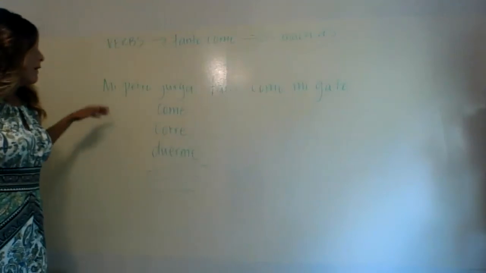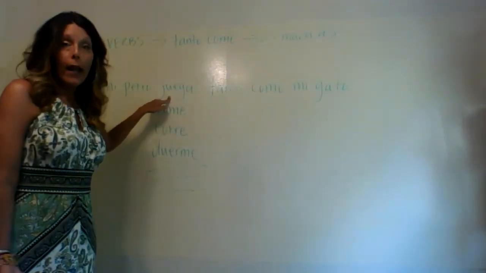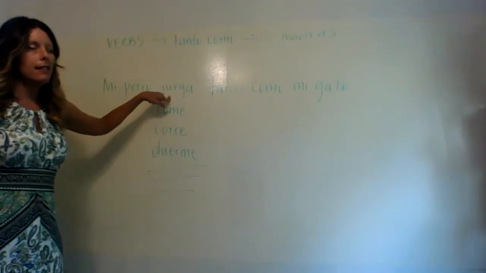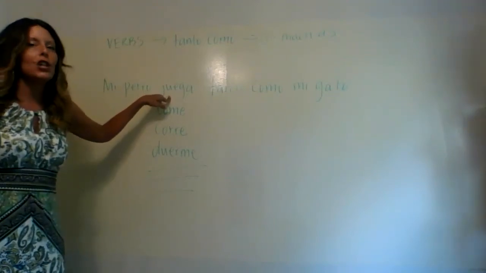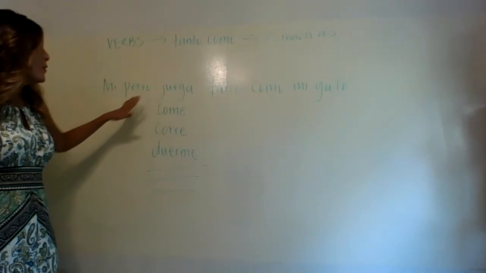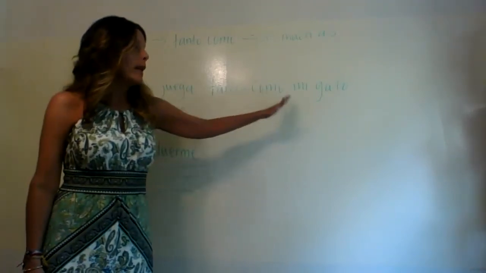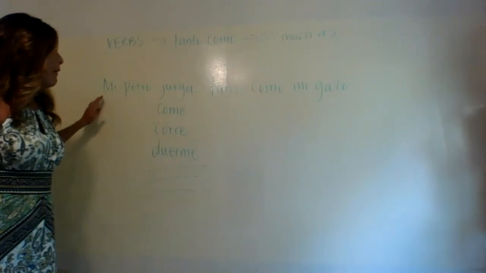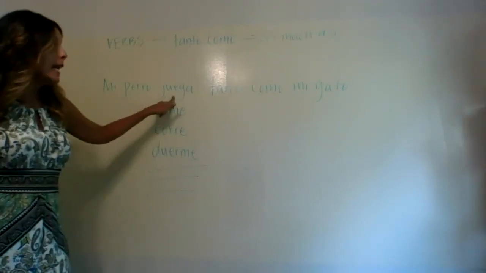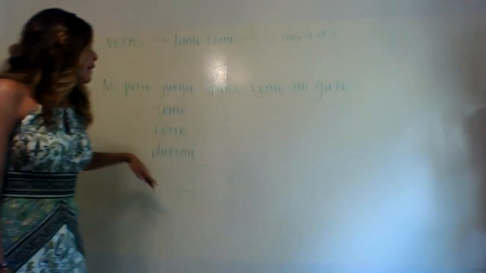So in my first example, I'm using the verb jugar, juega in the present tense. It happens to be an O-to-UE stem change verb in the present tense, but jugar, to play. So mi perro juega tanto como mi gato. Obviously, that means my dog plays as much as my cat.